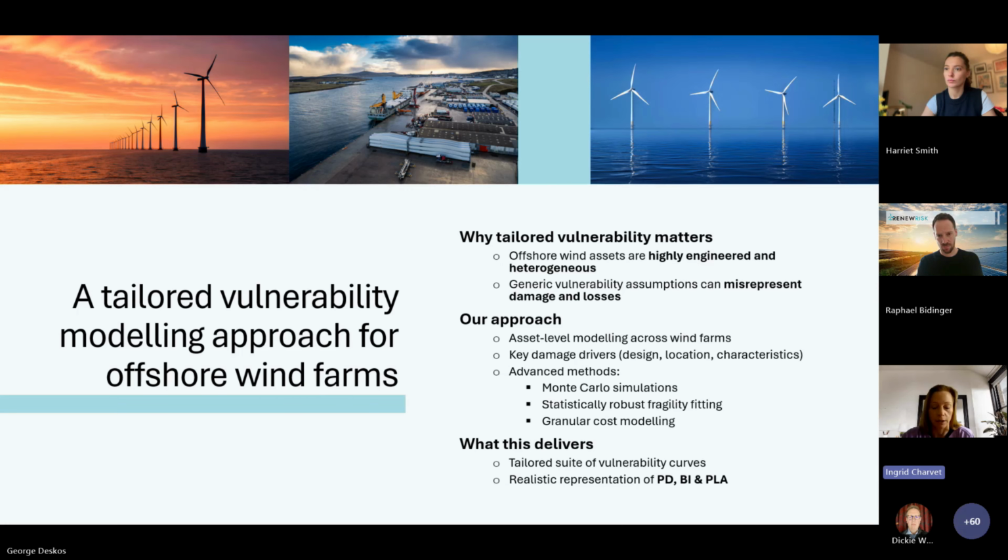And we apply advanced modeling methods to obtain accurate results. So we use Monte Carlo simulations, statistically robust fitting, and a very granular cost model. The result of this is a set of hundreds of vulnerability functions that more realistically represent damage and therefore ultimately financial loss.